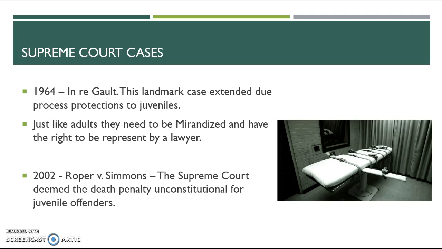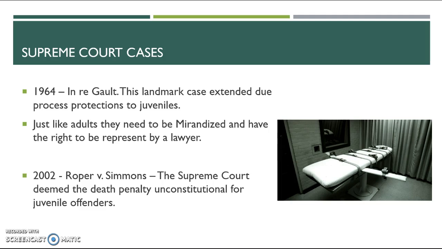What happens is the young man is arrested and nobody notifies his parents. And they basically interrogate him without a lawyer, without him being read his rights. And what the Supreme Court says is that even though you are a juvenile, you're not a full citizen, you are still protected by the Constitution and the rights of the accused.